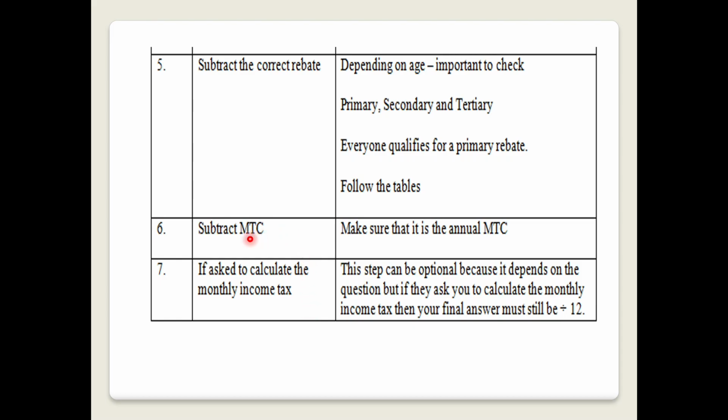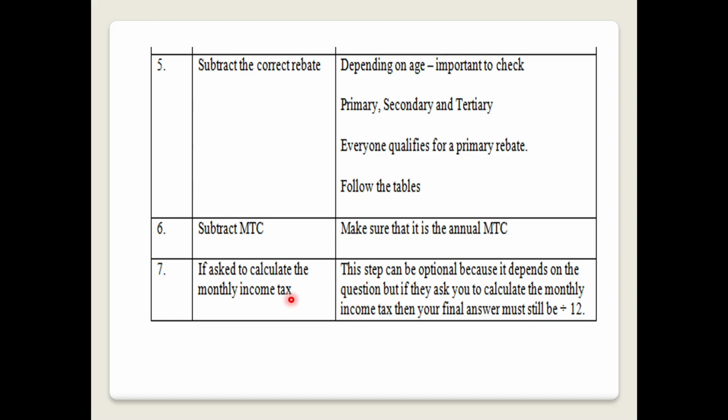So I want to quickly stop here for a moment. Remember again the salary slip. On the salary slip, there was a pay-as-you-earn amount. If they ask you to calculate the monthly income tax that the person is going to pay, then you divide the final amount by 12.